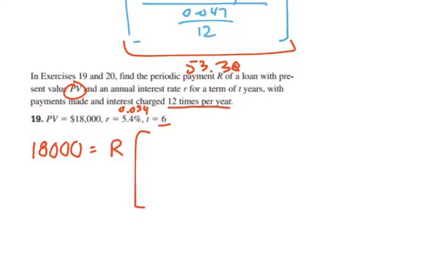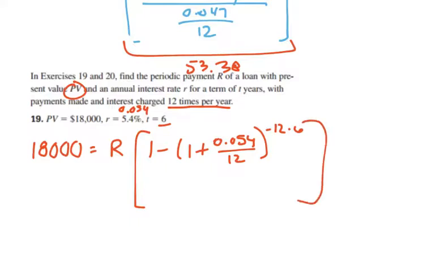So for the present value equation, that means we'll do 1 minus 1 plus the rate, which was 0.054, over K, which is going to be 12, to the negative 12 times 6. And then that's all over 0.054 over 12.